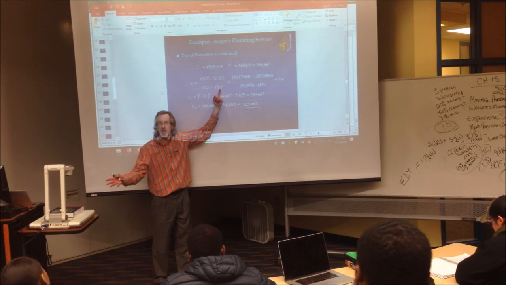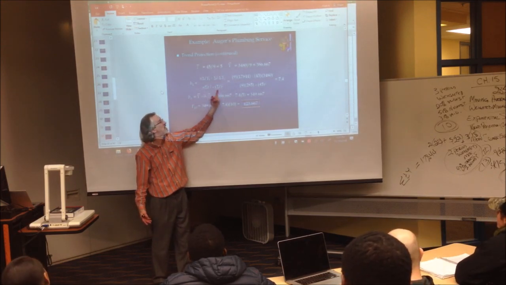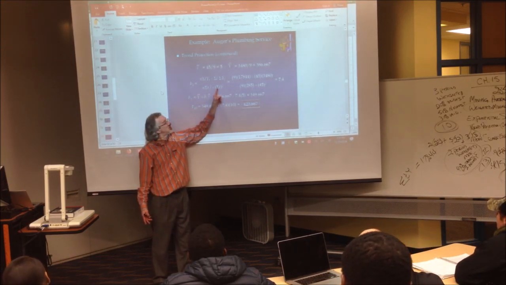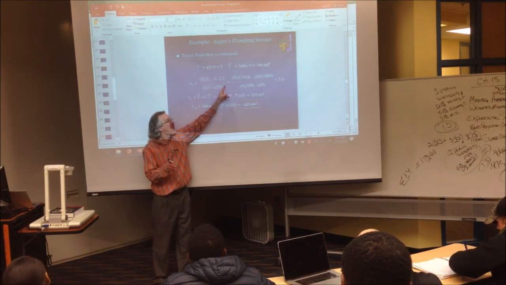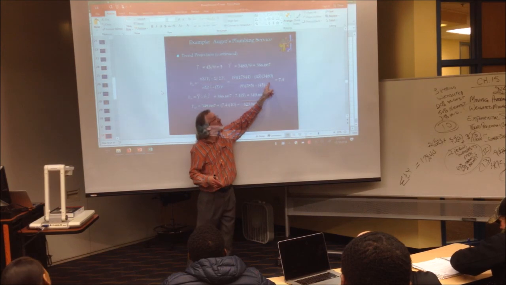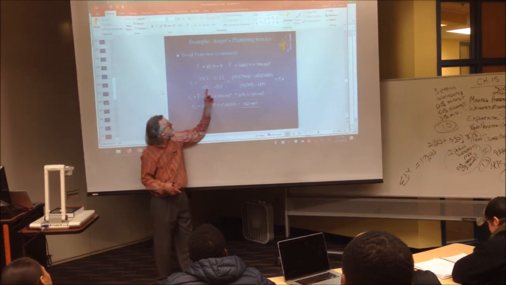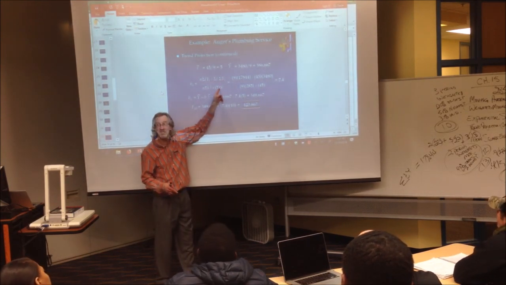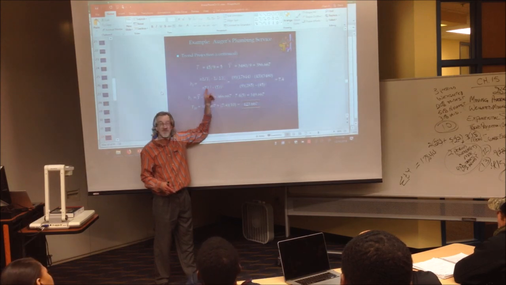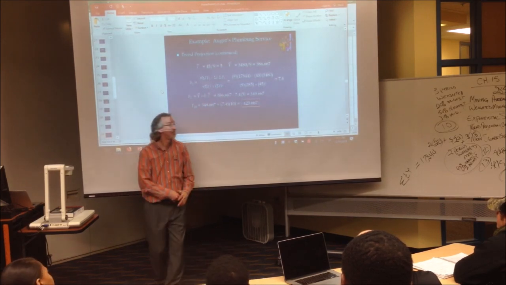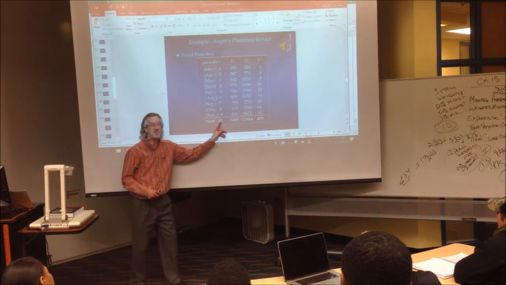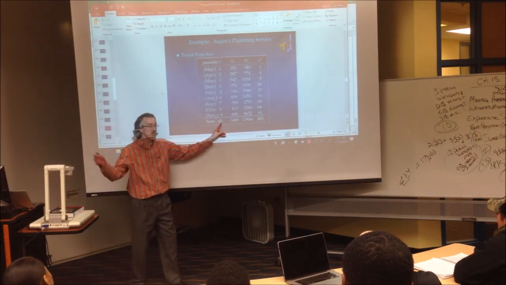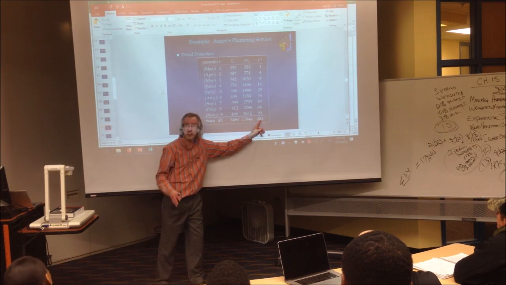This one is trying to tell you to find that first column total, then square it. So that's why it's 45 squared. I can't tell you how many people will use 285 here and 285 here. But these are two different numbers. Let me go back to the column so you can see. This is the sum of t, and then you square it. This is the sum of t squared.